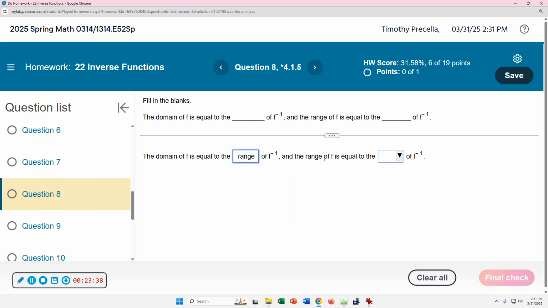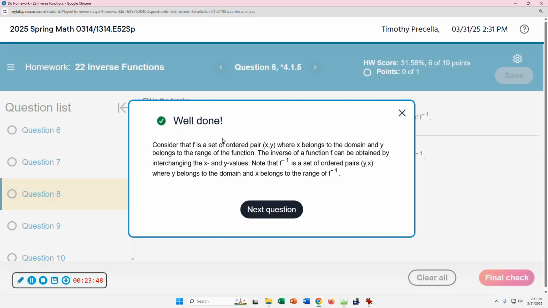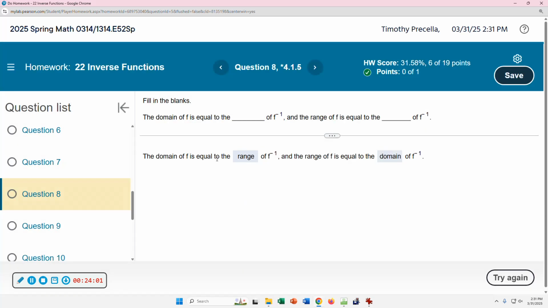The range of f is equal to the domain of f inverse. And they tell you some gobbledygook there, saying, well, the x becomes a y, and the y became an x. Okay, let's go back to number 3.